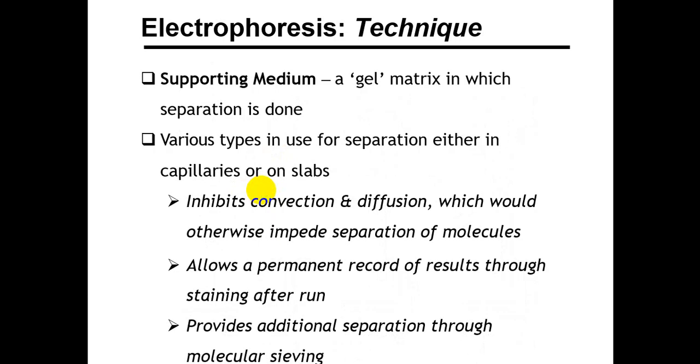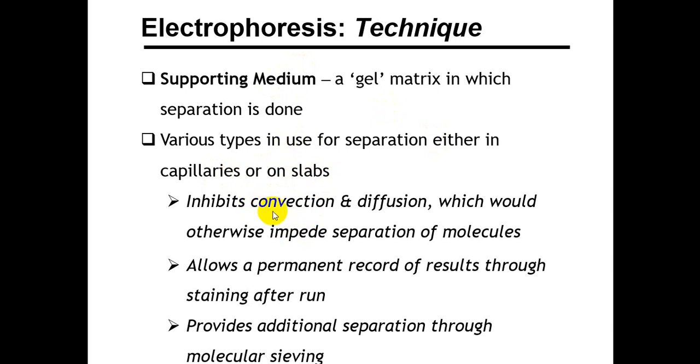So supporting medium: a gel matrix in which separation is done is called the supporting medium. Various types are in use for separation, either in capillaries or on slabs, like I said, tubes or slabs.